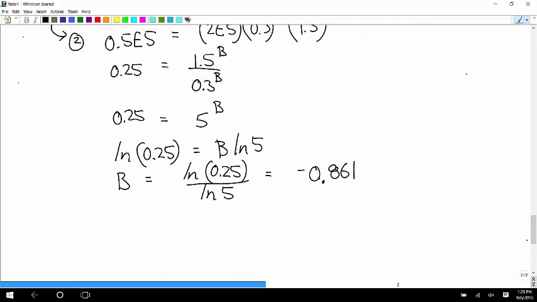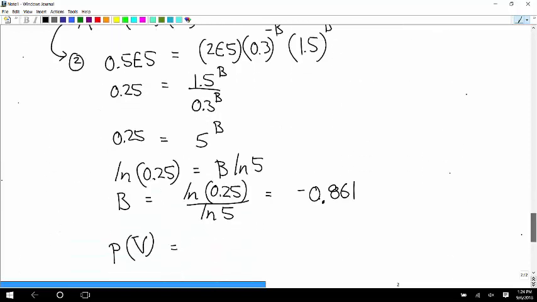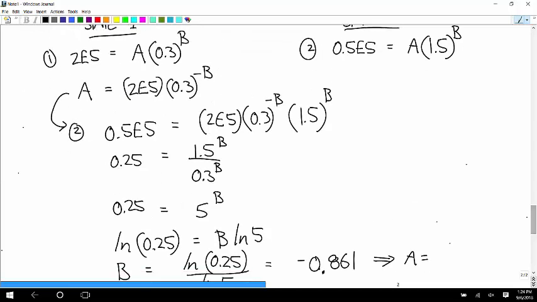And why did we do all this? What were we trying to find? We're trying to find pressure as a function of volume. So pressure as a function of volume now is equal to, oh, we have to plug that back in and get A. So we can use that to say that A is equal to, can someone calculate that? 2 times 10 to the 5th times 0.3 to the positive 0.861?